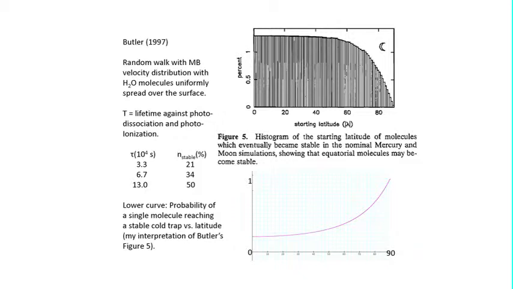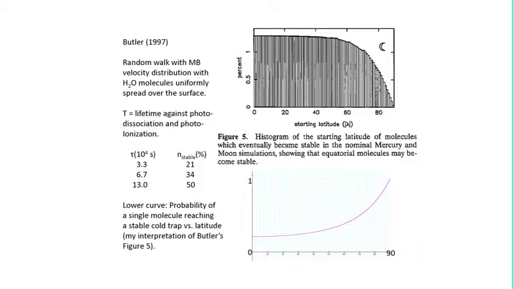And then he did a random walk, just released molecules, huge numbers, hundreds of thousands of molecules, and let them hop around on the surface. Each hop leaves the surface with a Maxwell-Boltzmann velocity distribution. I think he assumed no bouncing, that they rethermalized each time, and each time they hit the surface, they start off with a new, totally random Maxwell-Boltzmann distribution.